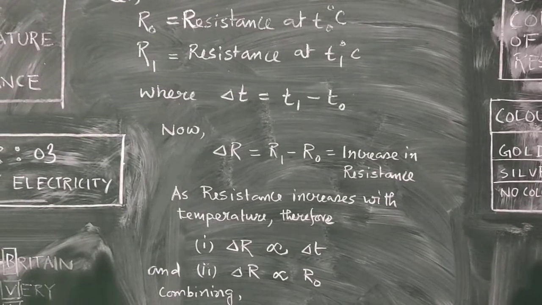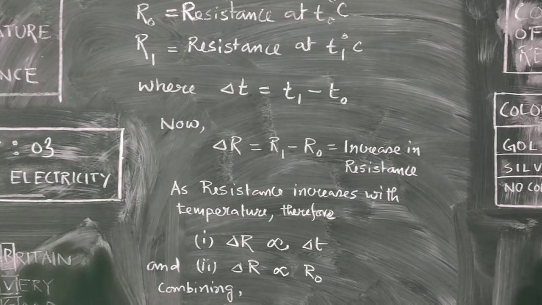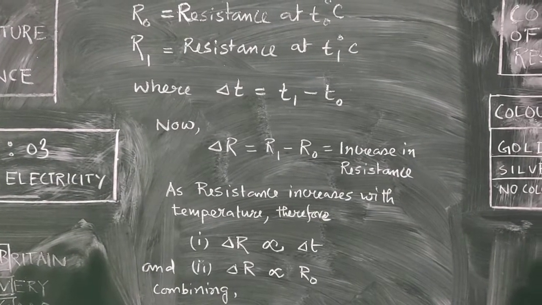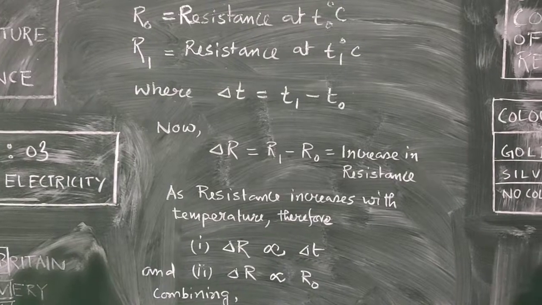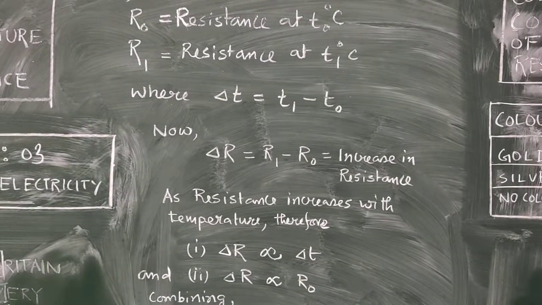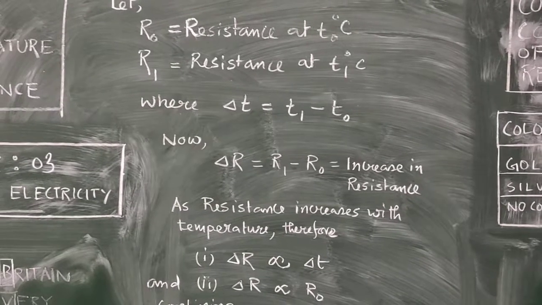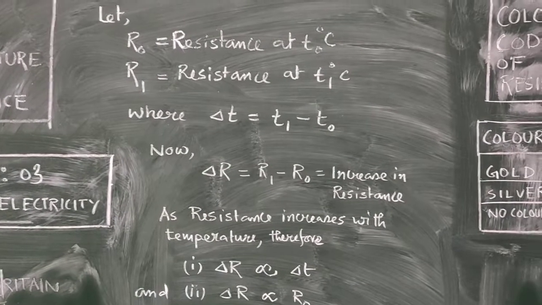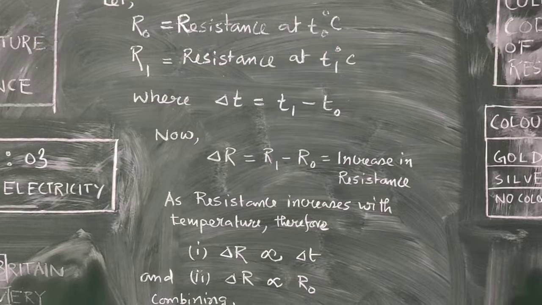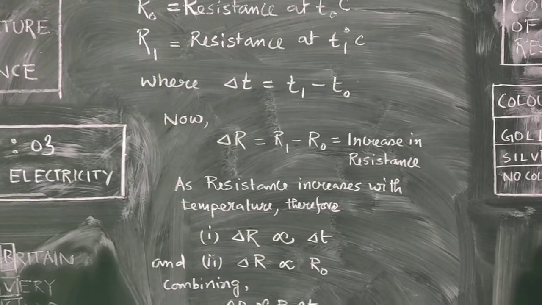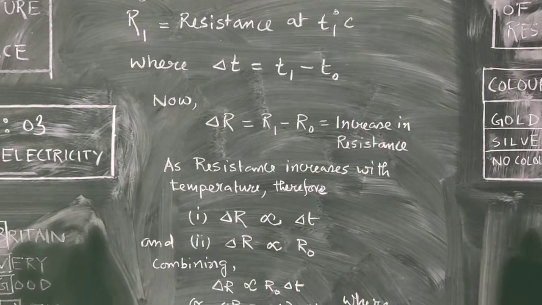Simultaneously you perform another experiment with an initial temperature of 20 degrees centigrade and a final temperature of 80 degrees centigrade. The difference is 60, so the increase in resistance will be high. If you increase the temperature, the resistance also increases.